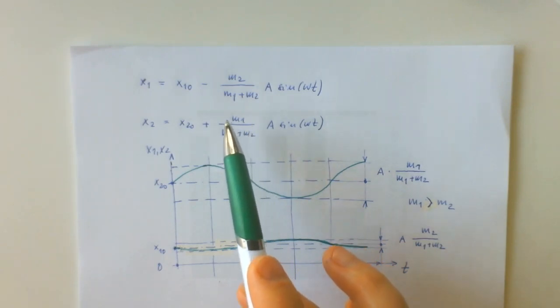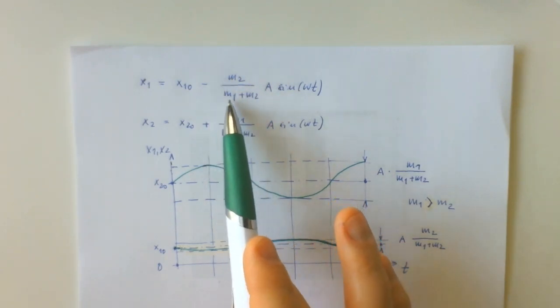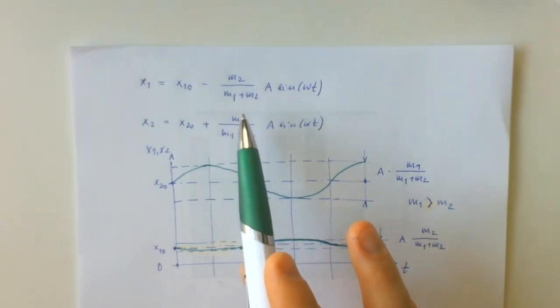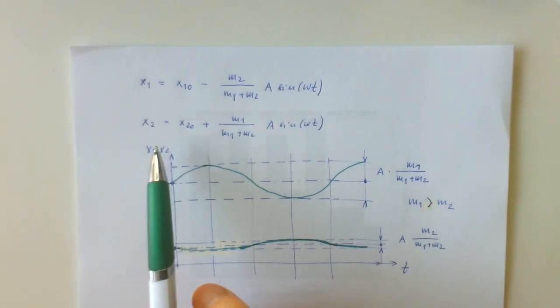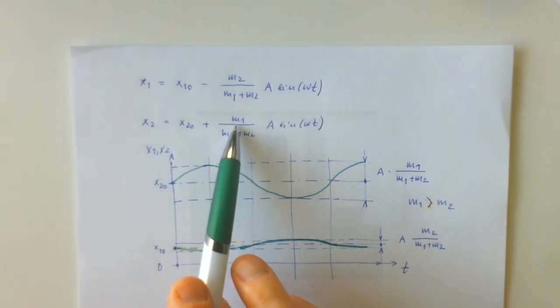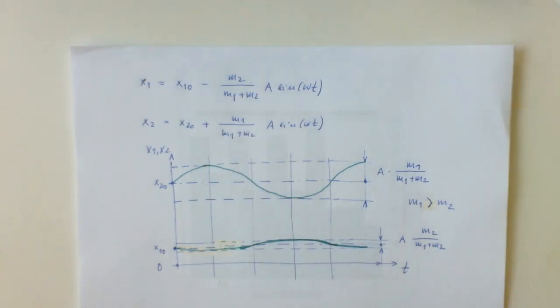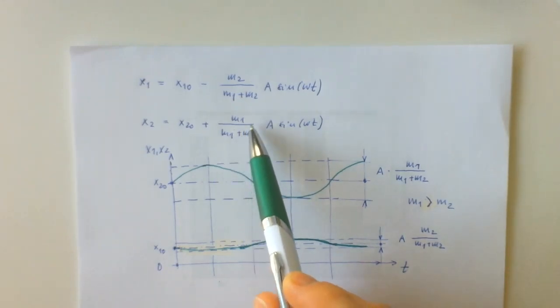So the big block moves with very small amplitude because it's heavy, and the small block is moving with very big amplitude because it is very light.